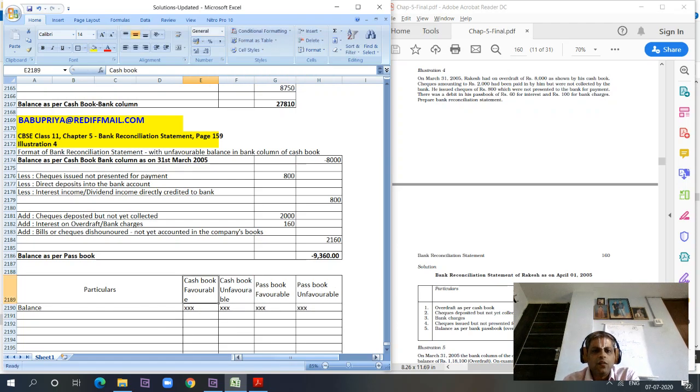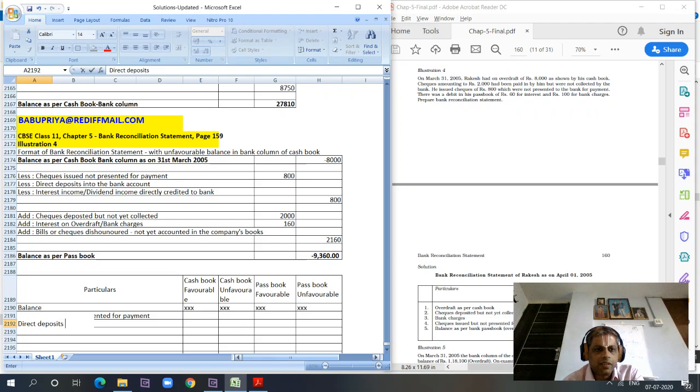These are the four different types of balances we can encounter in a bank reconciliation: cash book favorable, cash book unfavorable, passbook favorable and passbook unfavorable. Let's see how the treatment will be. Checks issued not presented for payment. These are all the major hits.